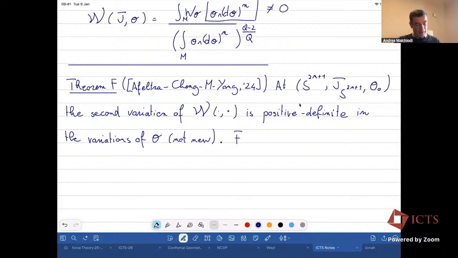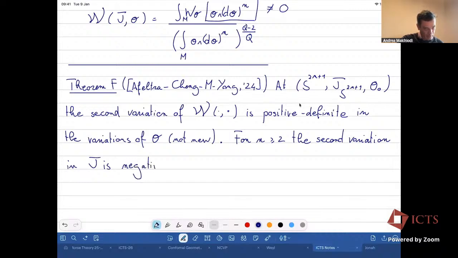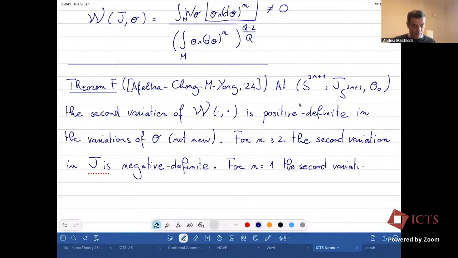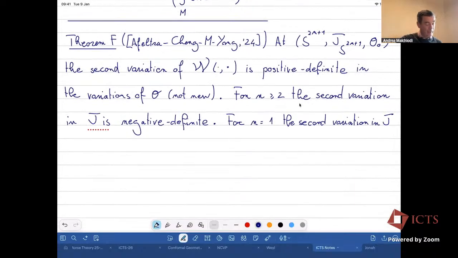For n greater or equal to 2, the second variation in J is negative definite, just like the Riemannian case. But things are changing in dimension 1. For n equal to 1, the second variation in J is negative definite.